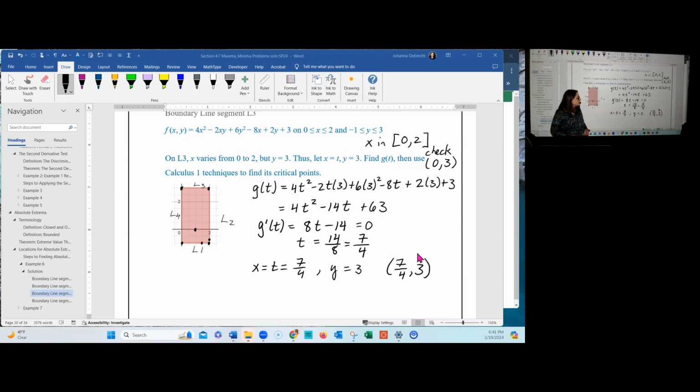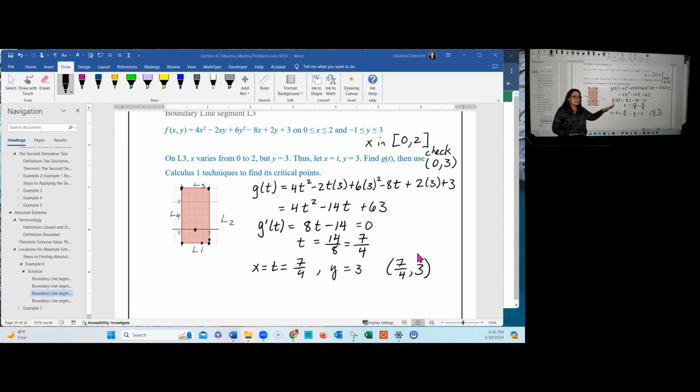When we replace x with t and y with 3, we get the function 4t squared minus 14t plus 63. Take the derivative to get 8t minus 14. The derivative is always defined, so set it equal to 0 to find the critical point, t equals 7/4.